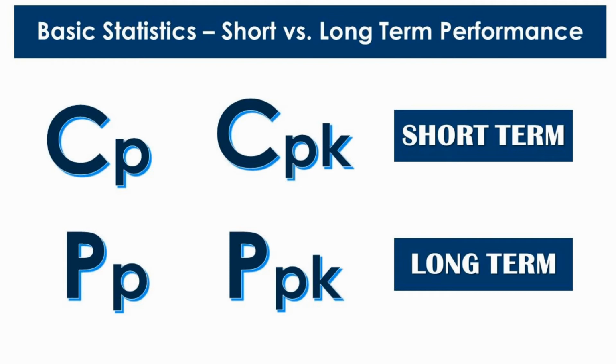First, we are going to talk a little bit about the indicators. We have the CP and CPK that use the short-term variation, and we have the PP and the PPK that are the long-term variation. What is the short-term and the long-term variation? Well, most of the time we collect the data in a short period, or relatively short period, of time.